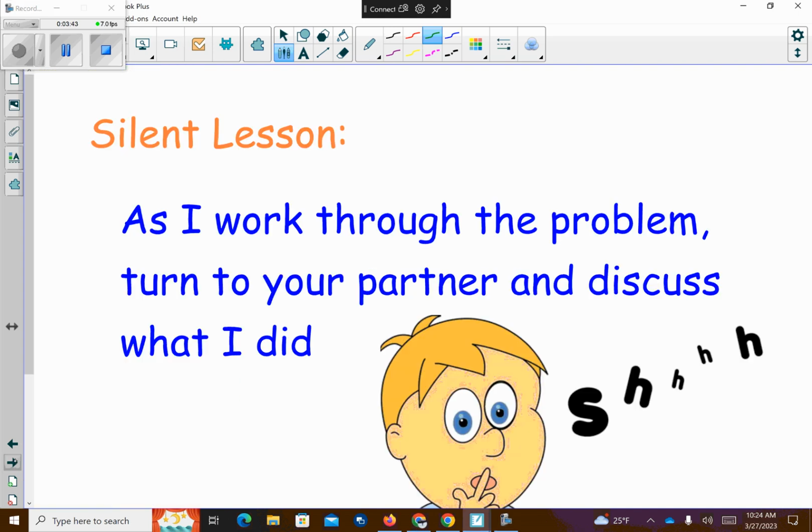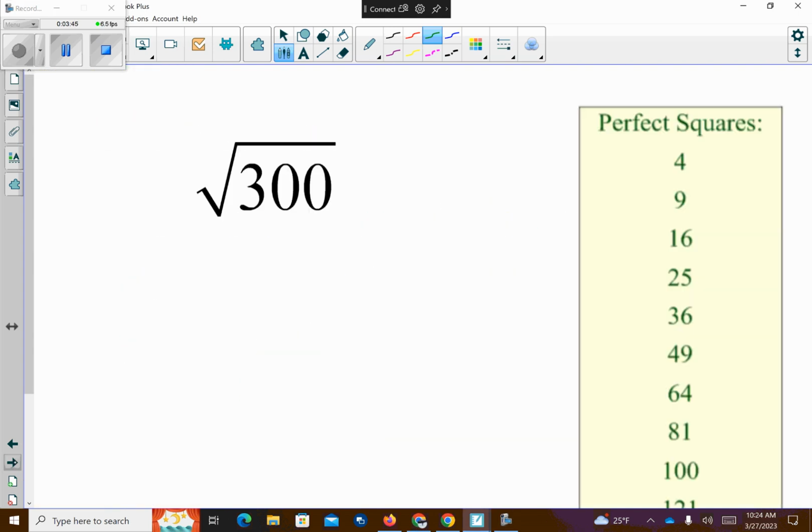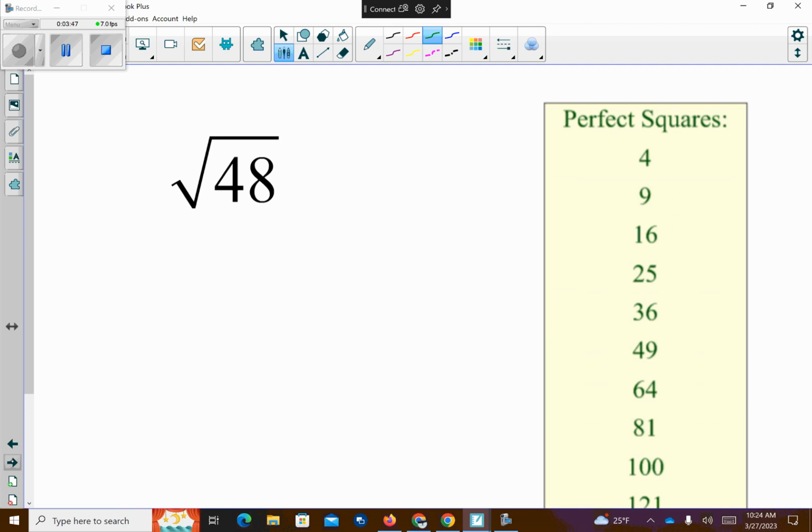All right, so let's do this. We just did that one. Let's go to this one. Okay, I realize you don't have the perfect squares sitting there on your sheet, but I do. First thing I'm going to do: 48 falls about right here. Agree?